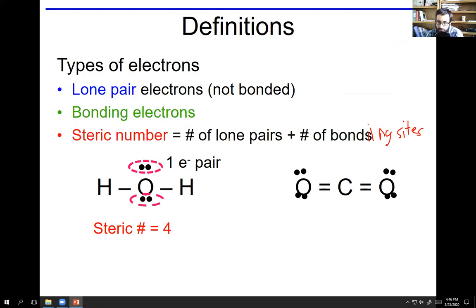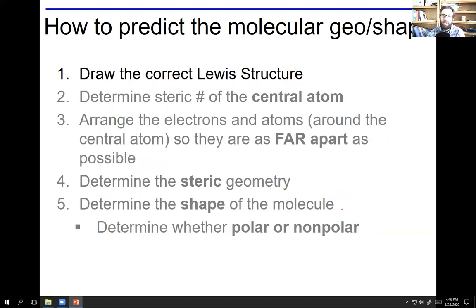So the total steric number is 4, 2 plus 2. Here the steric number is 2. Why? Carbon is the central atom, and we're looking at the central atom to determine this. It has 1 bonding site here, a double bond, and another double bond there. So the steric number there is 2, okay? If you can get the steric number, you'll be a long way toward figuring out this VSEPR theory.